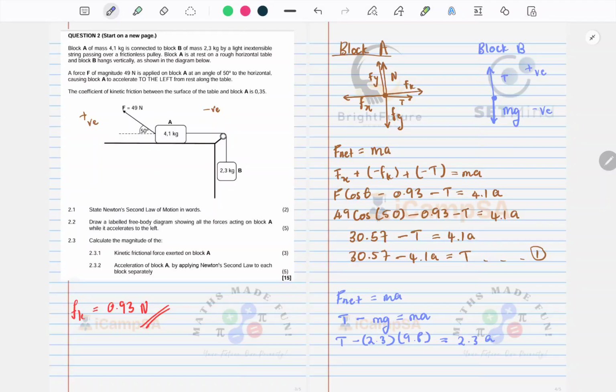We can go further and say T equals 2.3a plus, punching this into a calculator, 22.54. And then we've got equation 2. This is T here, so these two are equal, because it's T on both sides.